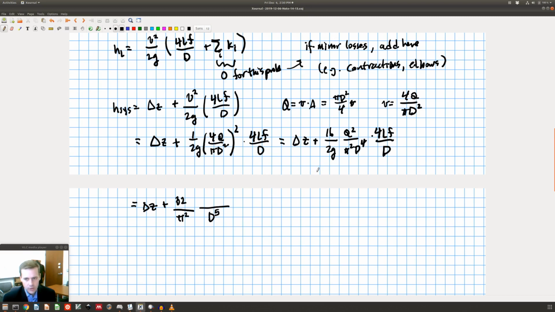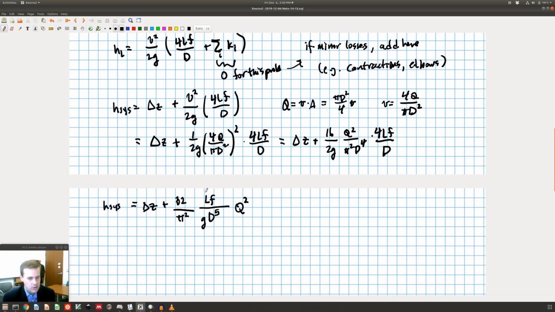I have a G in the denominator. Have I taken care of all the denominator? I have the 2 canceled, the G, pi squared, D to the 5th. In the numerator now I should have an L and an F, and I'll put a Q squared out there. All right, then my system demand curve is done.